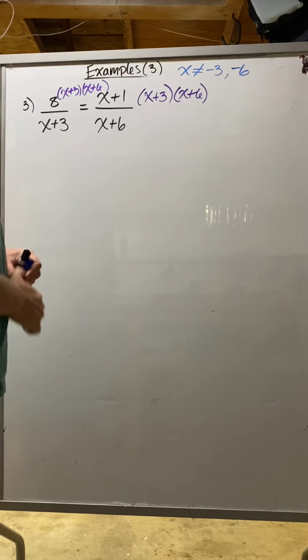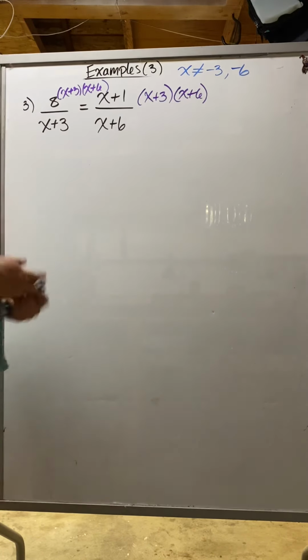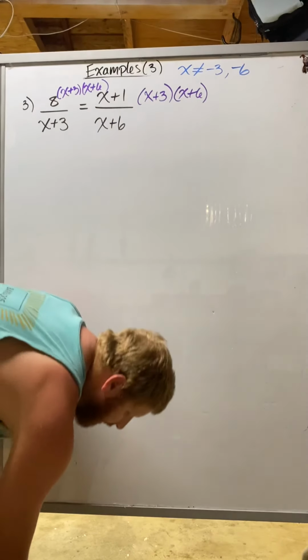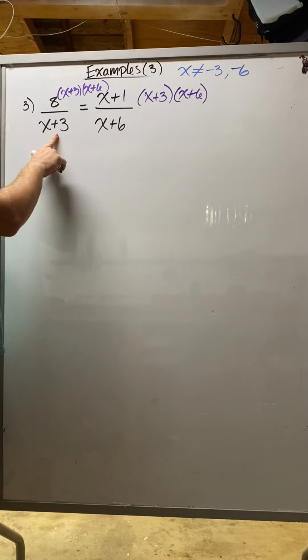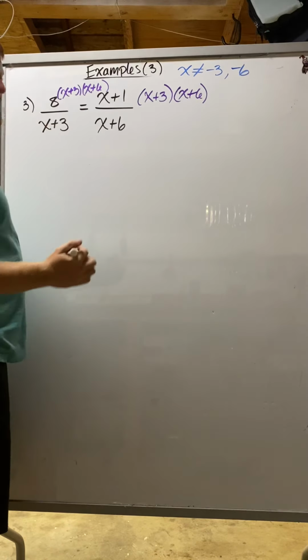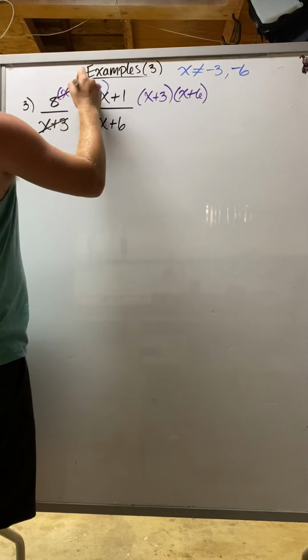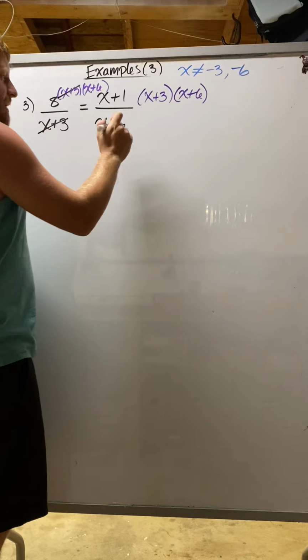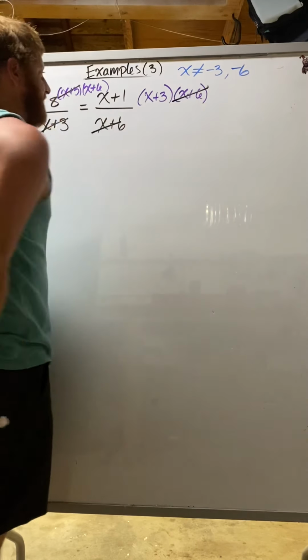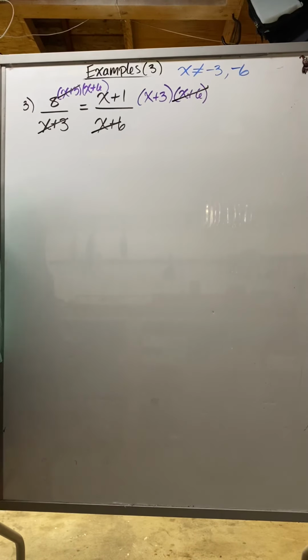And remember, our goal is to make sure that all of our denominators are gone by the time we're getting ready to solve this. And here's where that happens. Here's an x plus 3 in the bottom. We're timesing by an x plus 3 in the top. Those should cancel out. Here's an x plus 6 in the bottom. There's an x plus 6 in the top. Those should cancel out.